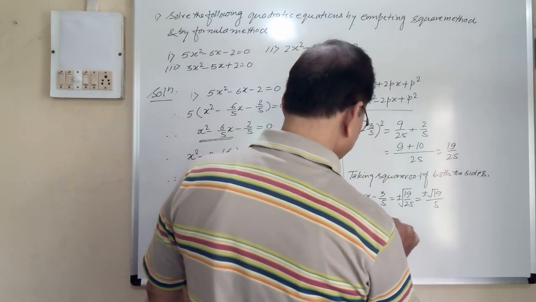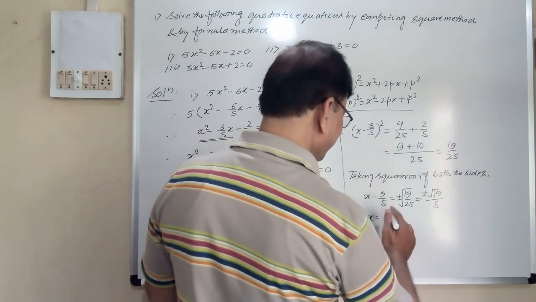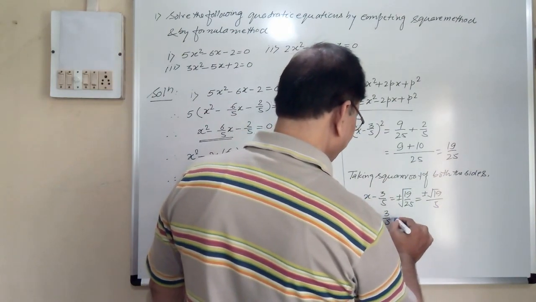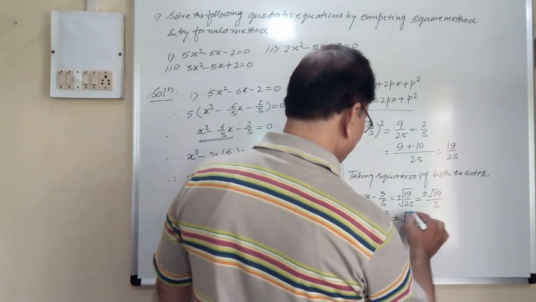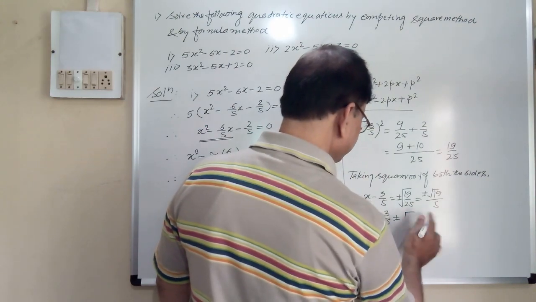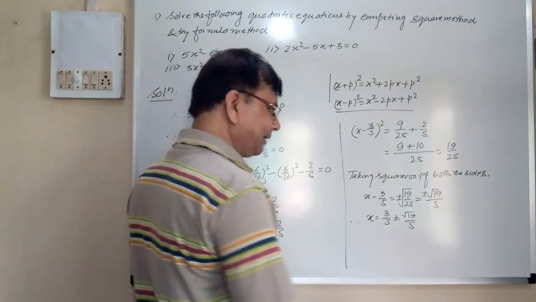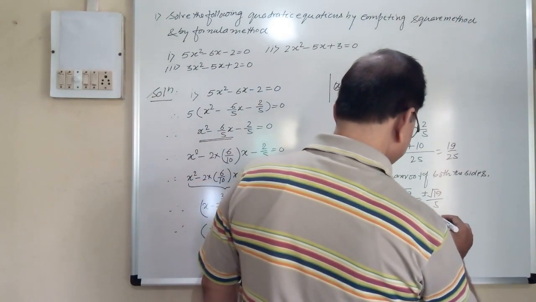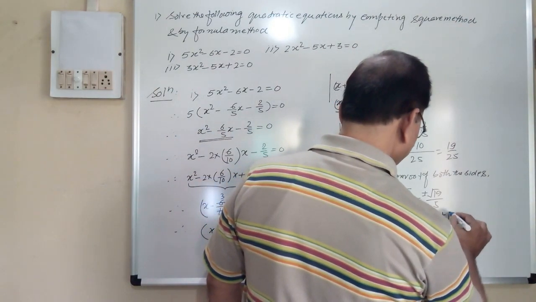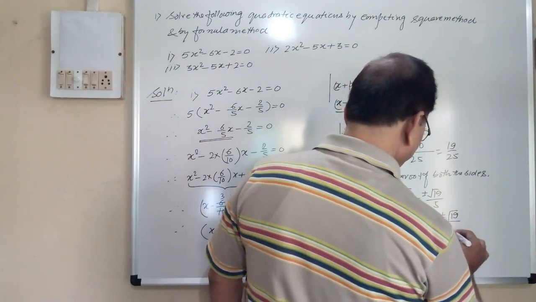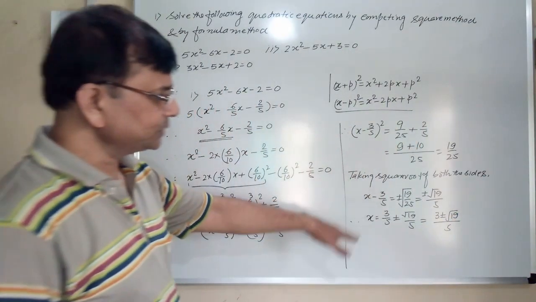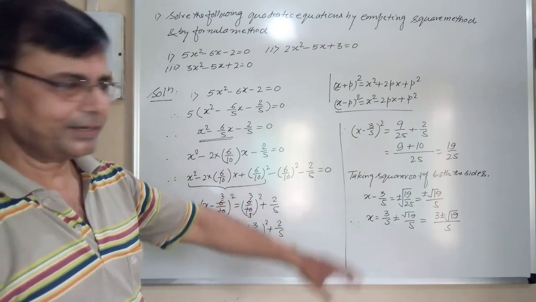Therefore, x is equal to, this will be transferred on right hand side, you will get 3 by 5 plus minus under root 19 by 5. And denominator is same. This can be written as 3 plus minus under root 19 by 5. So two values of x we can write very well.